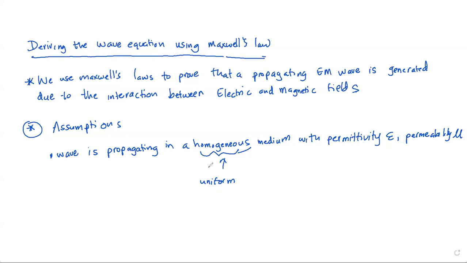Homogeneous means that the material inside the medium is uniform at each point. Take, for example, pure water, glass, or some material which has uniform composition at each point of the medium. There are no variations in density or particle concentration.